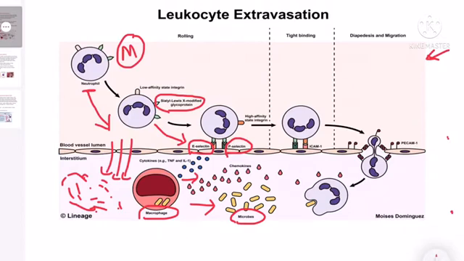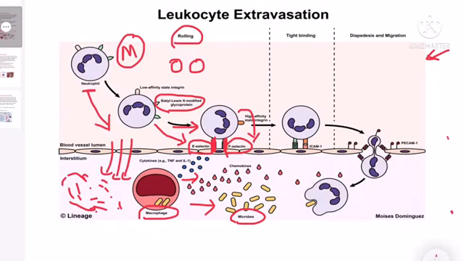Whenever these two interact, a bond forms, but this bond is not that strong. So the blood flow will break this bond, and the neutrophil goes to another endothelial cell. This process is called rolling, because the neutrophil rolls from one endothelial cell to another.